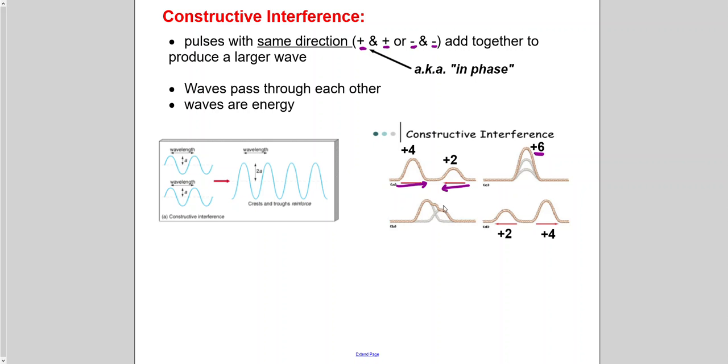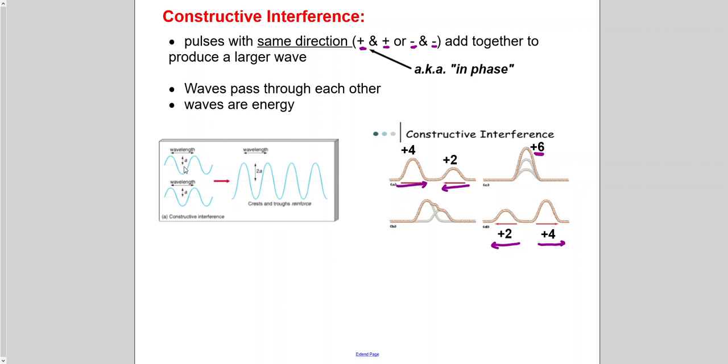Because waves can move through each other, they pass through each other. Now the plus 2 wave keeps going to the left and the plus 4 wave keeps going to the right. So they move towards each other, interact where they add together, then pass through each other and go on their way.